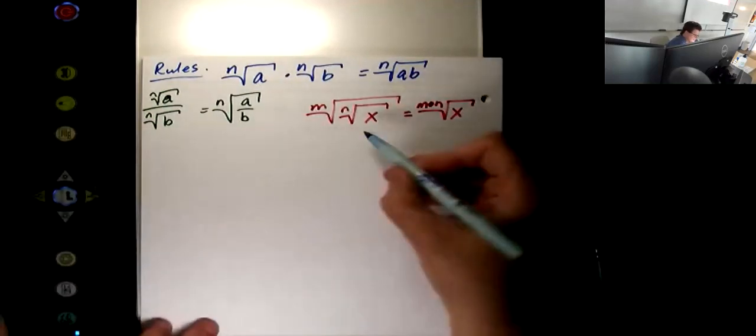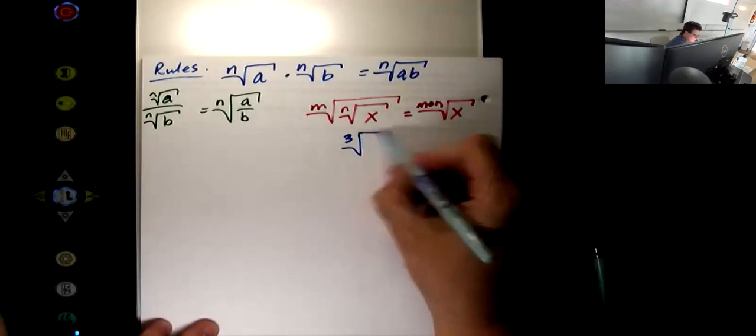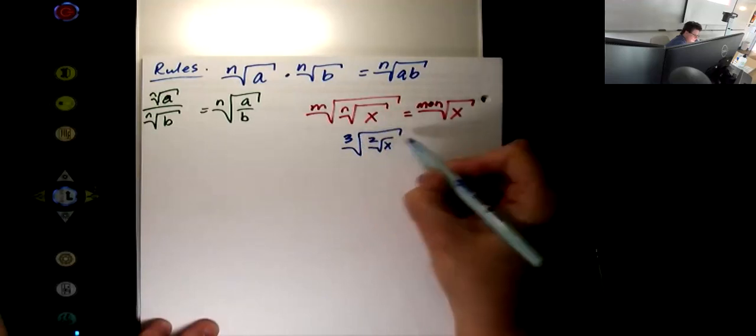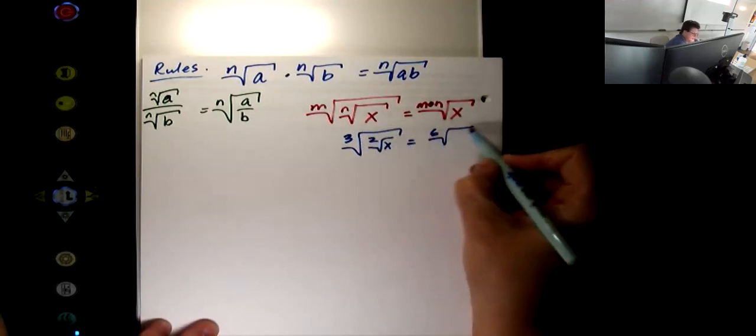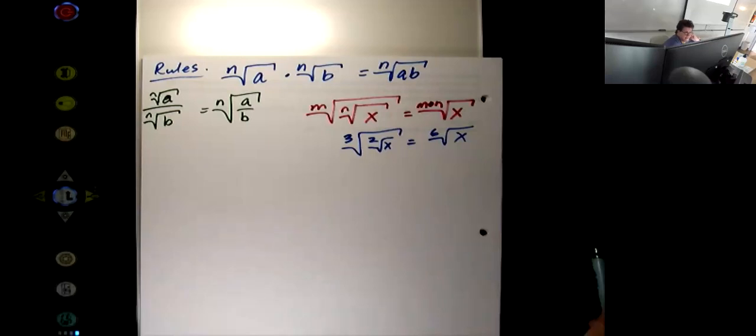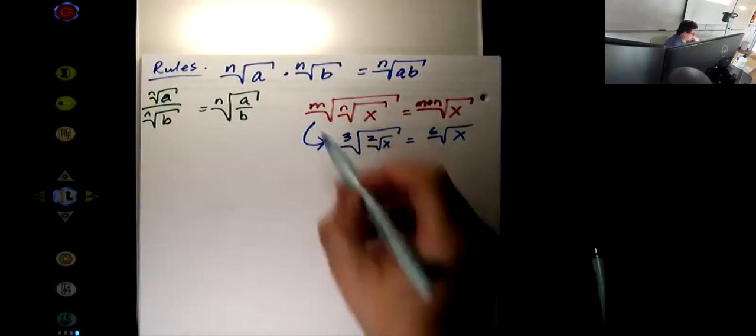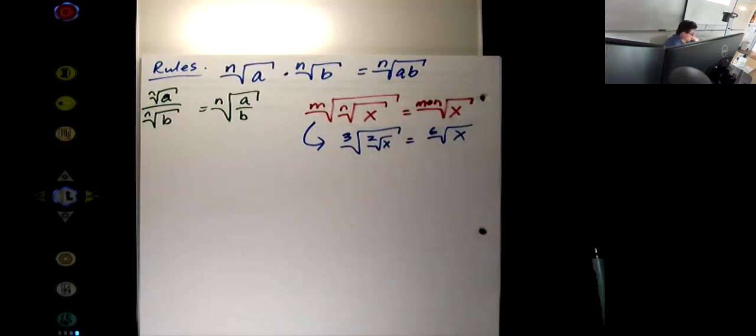So like this is the cube root of the square root of x equals the 6th root of x. That's an example of that one. We're gonna do examples of the other two right now.